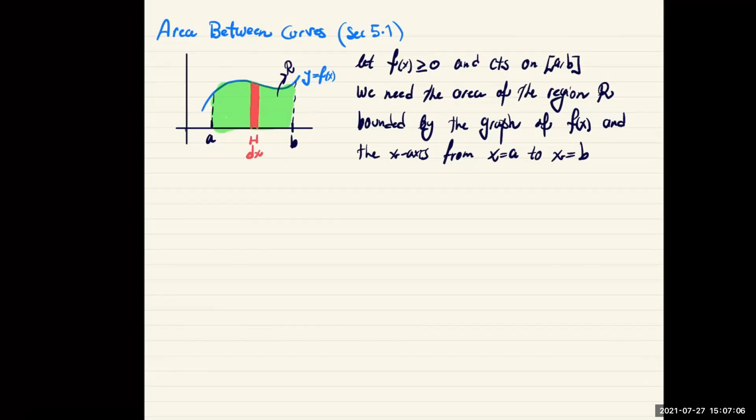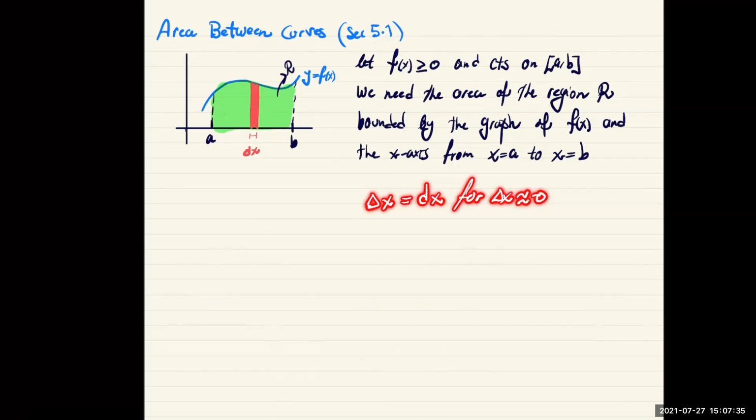Dx, a differential, is a very, very tiny delta x. So that's from here to here. We call that dx. Delta x is equal to dx for delta x being almost equal to 0.